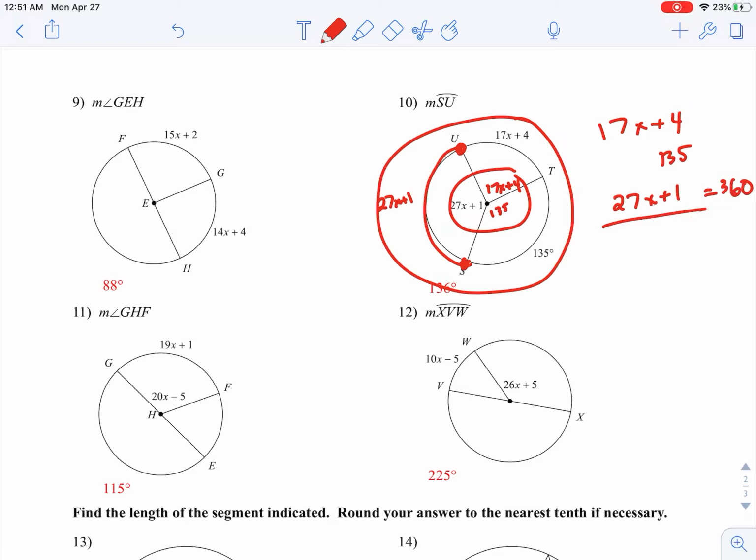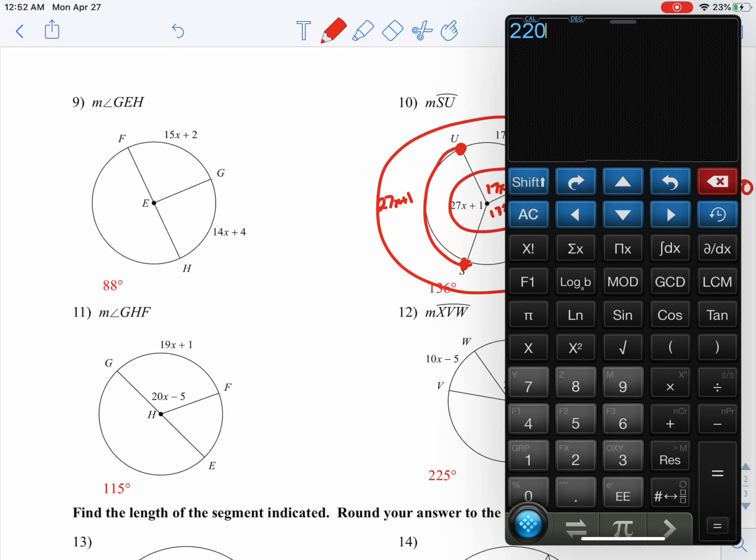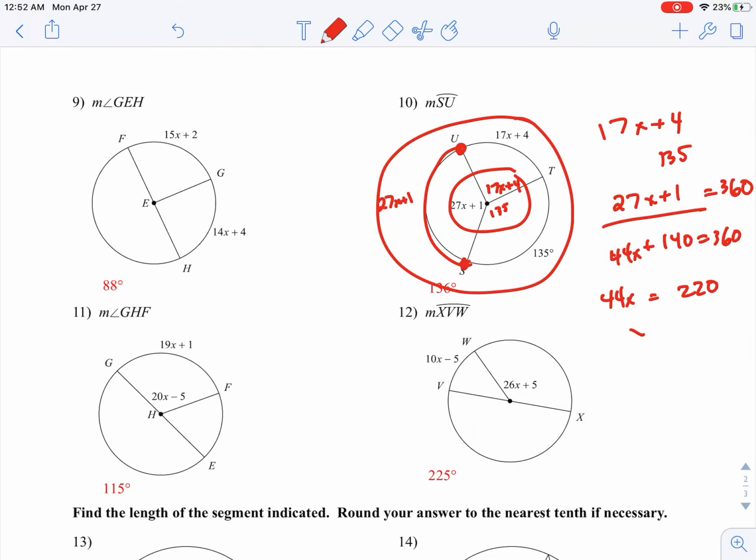So all the way around adds up to 360. All right, so 136 plus 4 is 140. 17 plus 27, 44x equals 360. All right. 360 minus 140, 220. 44x equals 220. All right. X equals 5.